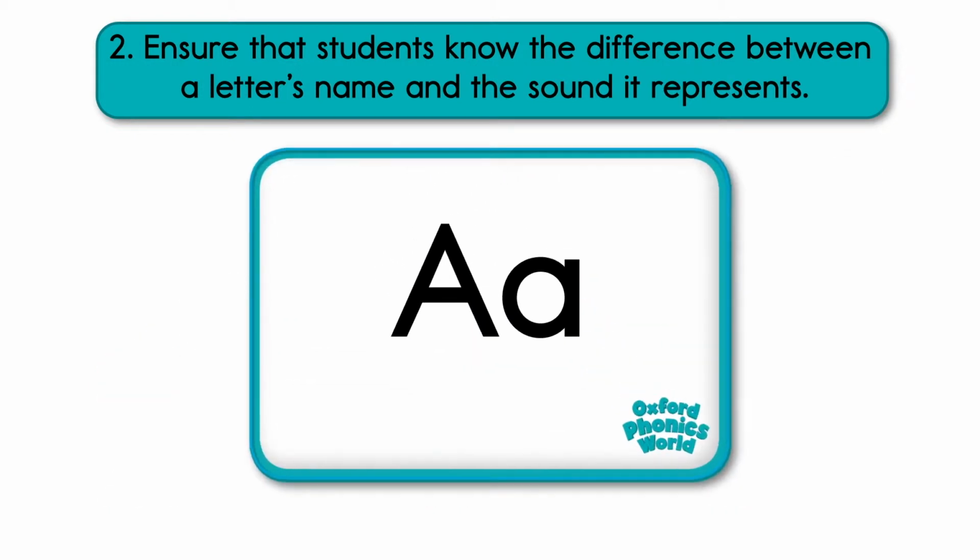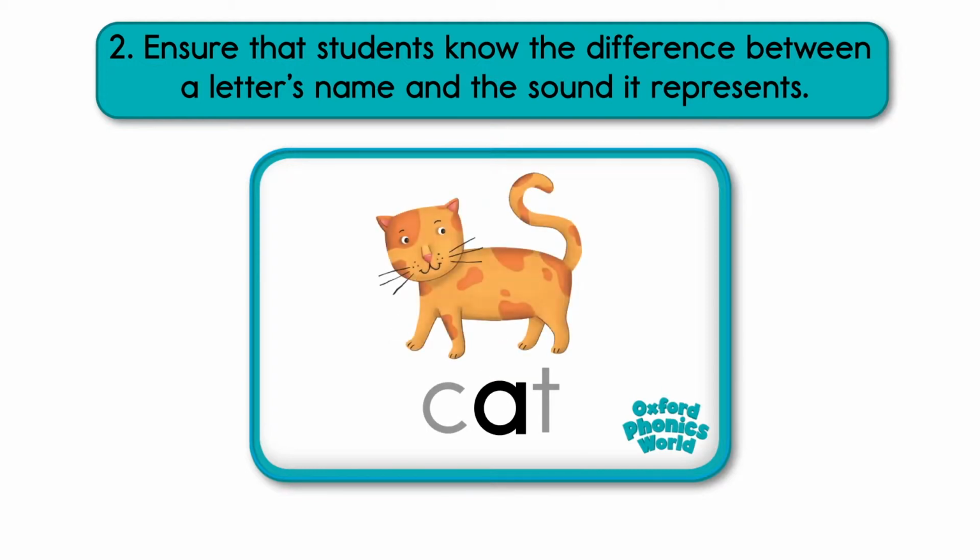Hold up a flashcard for the letter A, and explain that the letter's name is A. When students see this letter, they can use its name to identify it. However, when this letter appears in a word, it speaks to its letter friends by saying "a." We can summarize the point with the phrase, "The letter A says a."